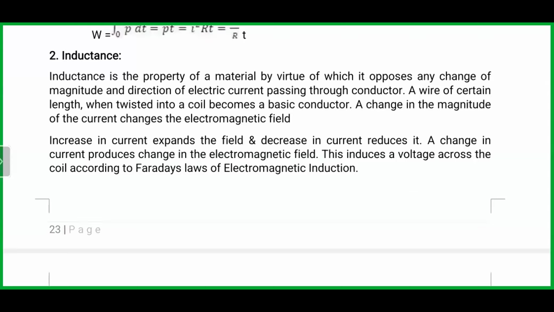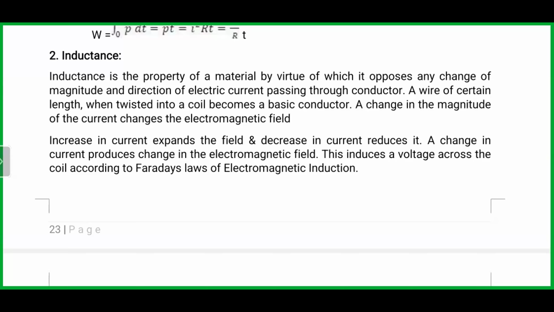Inductance. I already told you that inductors build fields. Inductance is the property of a material by virtue of which it opposes any change of magnitude and direction of electric current passing through a conductor.